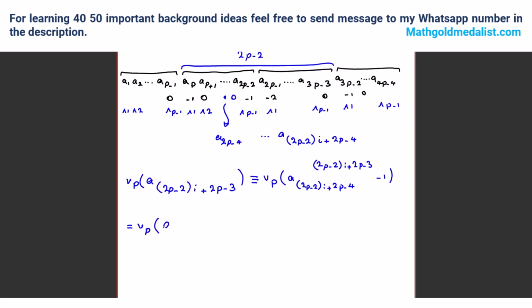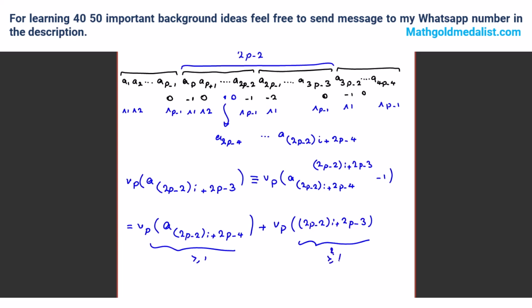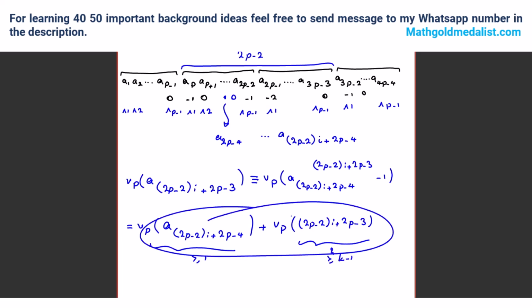So we can write VP of A 2p minus 2i plus 2p minus 4 plus VP of this, the power 2p minus 2i plus 2p minus 3. This one is at least 1. We should see for which i it is at least k minus 1. Then this part will be at least k.